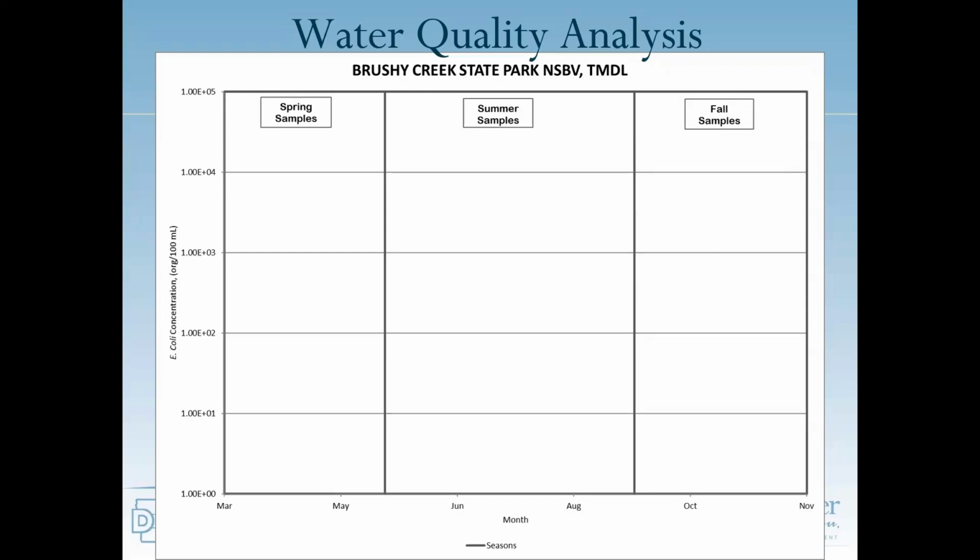Our spring season is data points that were collected from March 15th to May 23rd. Our summer season is data collected from May 24th to September 7th. And our fall season is from September 8th to November 15th.